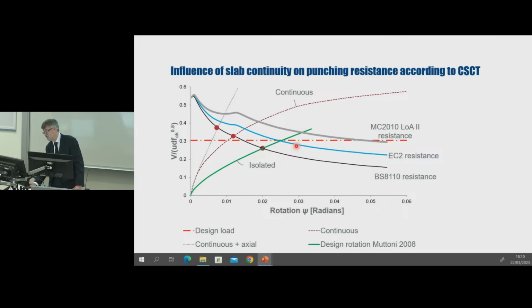That's reflected in these three curves here, which correspond to the shear resistances calculated with, first of all, the amount of reinforcement required by BS 8110, then the amount of shear reinforcement required by Eurocode 2, and then finally the amount of shear reinforcement required by Model Code 2010, which, remember, is based on the critical shear crack theory.